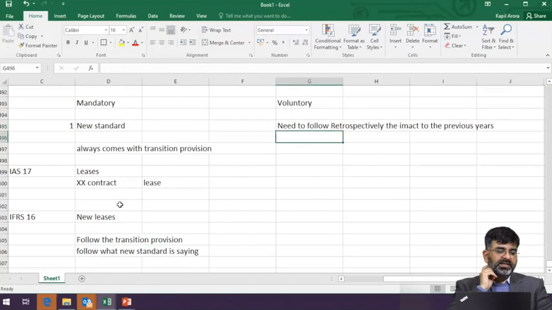I'll take the numbers here for the voluntary change. For a mandatory change, you don't need to do anything; follow what the new standard is saying. But in a voluntary change, you need to follow the retrospective approach.